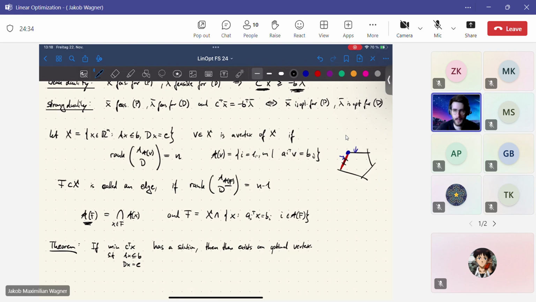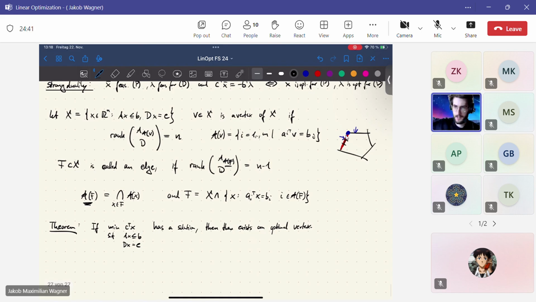And so this is the idea then of the simplex algorithm later, to just walk along edges of the polytope, so going from one vertex to the next one, by always decreasing this objective value.